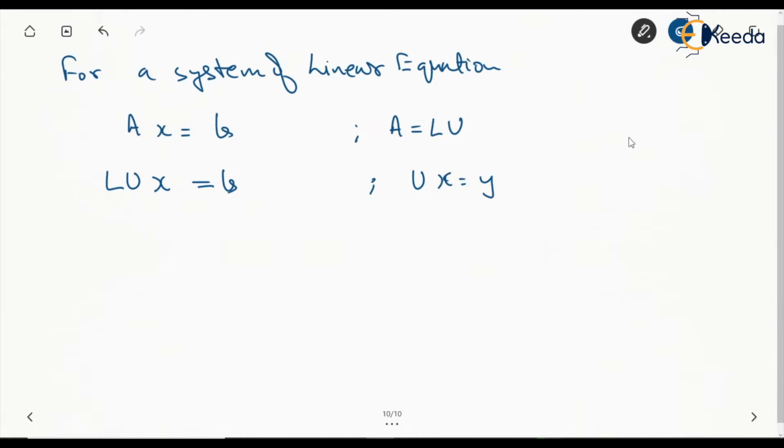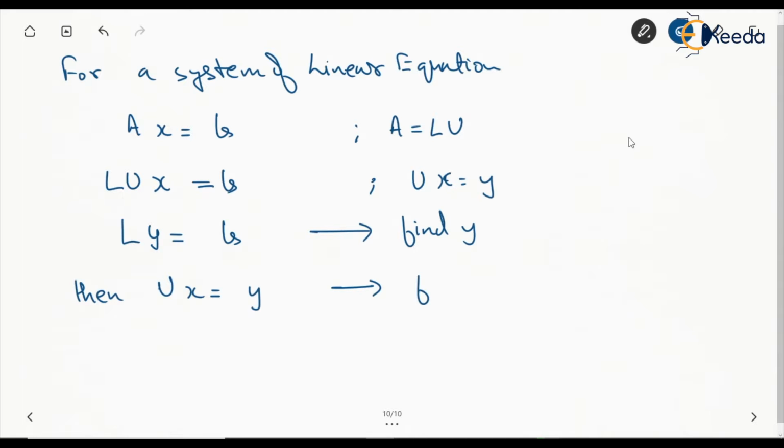In that case, this becomes L into Y equal to B. Now from here we can find Y, because L is going to be triangular, so it will be easy to find Y, and then we can substitute in the relation Ux is equal to Y to find X. We can find X, and that's it. We will get the solution, right?